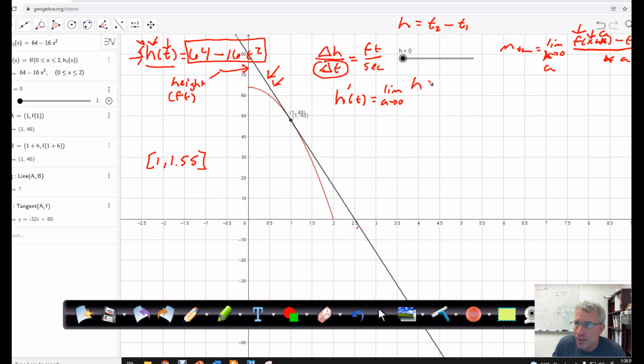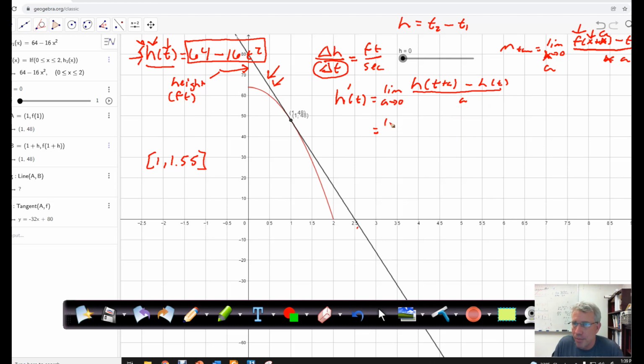So it's going to be height as a function of t plus a minus the height function itself, all over a. So everywhere I see a t in my height model, I replace it with t plus a.